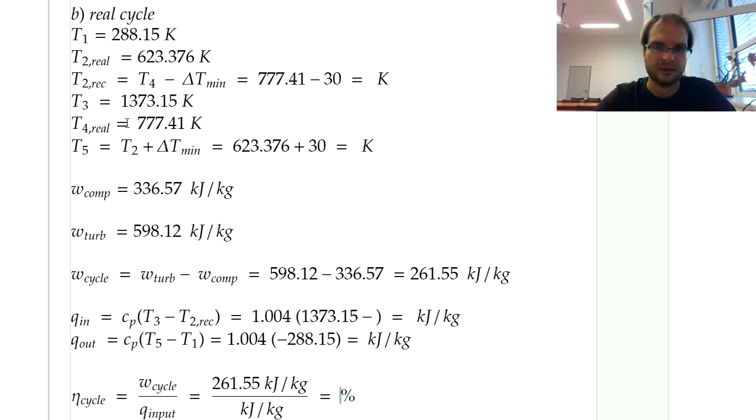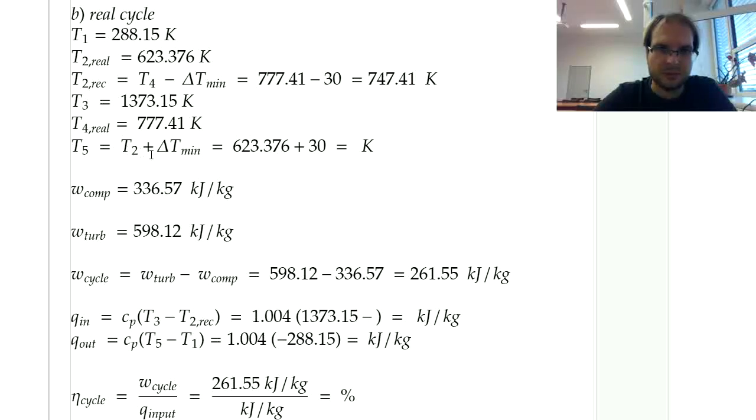This calculated temperature is based on parameters that did not change, so these two temperatures also stay the same, and we can get the temperature 2 after recuperation, which is 777 minus 30 kelvins for minimum temperature difference, which is 747.41 kelvins.